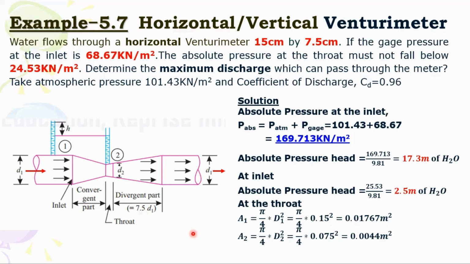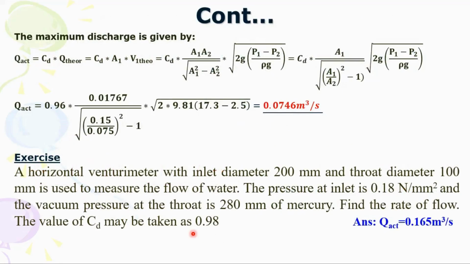Let us see now, the maximum discharge is given by this equation. Actual discharge is given by coefficient of discharge times theoretical discharge. The theoretical discharge is from the continuity equation, A1 times V1.